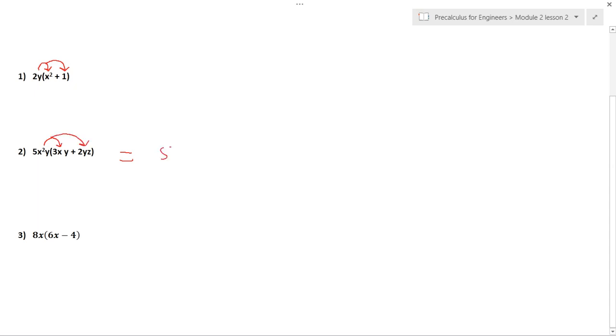So we have 5x squared y multiplied by 3xy plus 5x squared y multiplied by 2yz. In this case, this is just the multiplication of monomial to monomial. So just write them side by side, but don't forget to include the coefficients, or the numerical value.